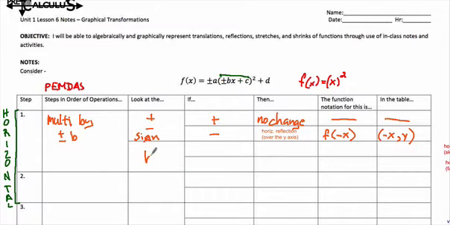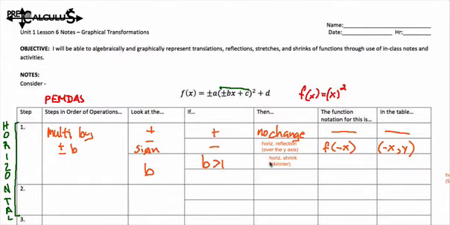Now we're going to look at the b itself. If b is a number that is greater than 1, then we have a horizontal shrink, which is going to make it skinnier. I'm going to fill in this next part, look at it in Desmos, and then I'll tell you the notation. So if b is greater than 1, we have a horizontal shrink.